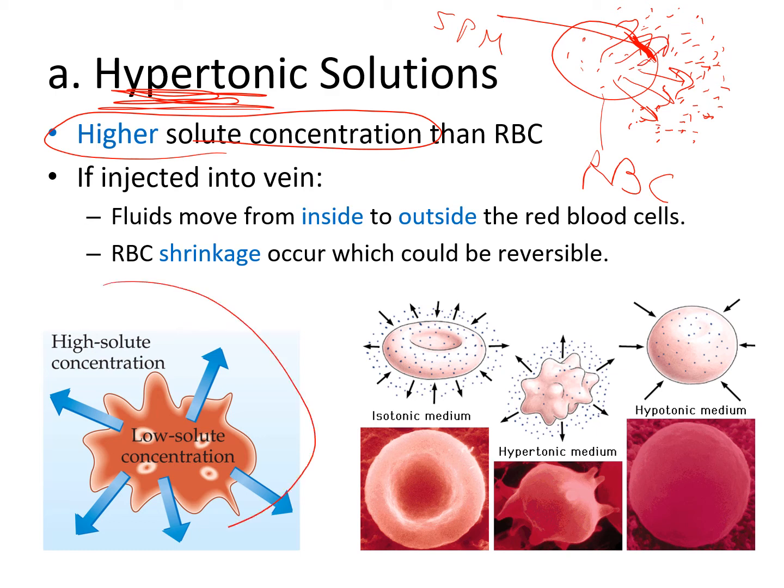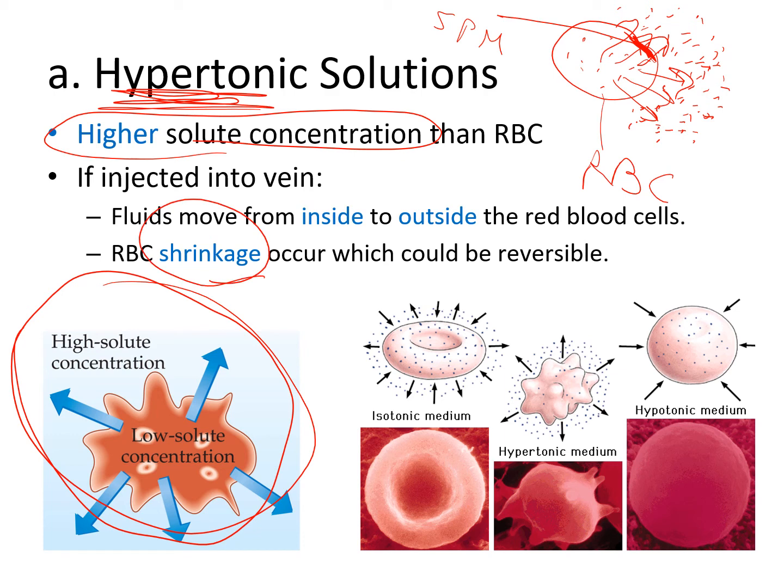This will make shrinkage of the red blood cell. Shrinkage is not toxic, especially if it is reversible and will not stay for a long time. But of course, that is not ideal. So injection of a hypertonic solution could be acceptable if the shrinkage takes a short time and is reversible. But if it continues for a long time, if you are injecting a large volume of hypertonic solution over many hours, it will affect the physiology of the red blood cell.